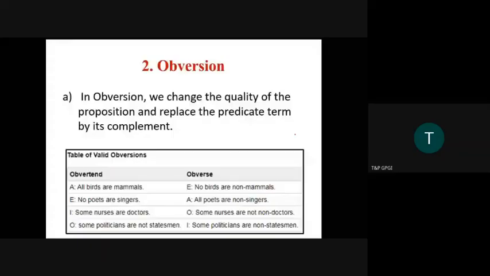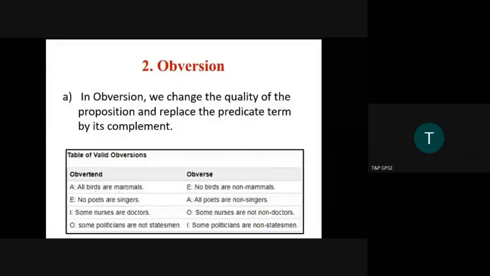Now the second type is obversion. Obversion means we change the quality of the proposition and replace the predicate term by its complement. That means if the operand is all birds are mammals, the obverse will be no birds are non-mammals. मतलब हमने predicate को change कर दिया और उसका complement लिख दिया.